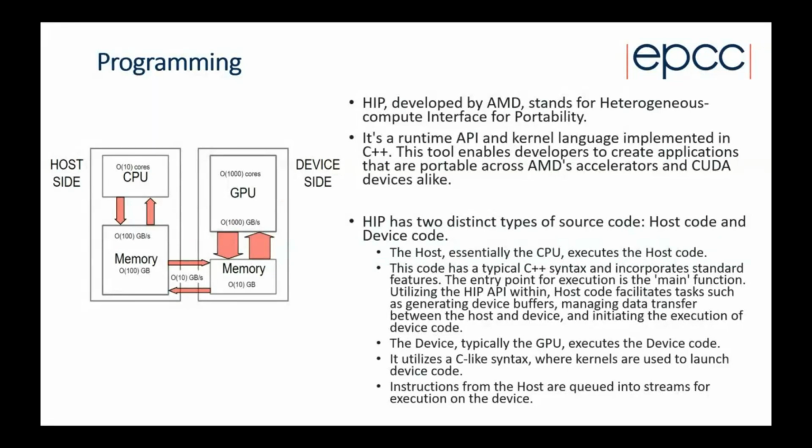The device, typically a GPU, executes device code. This has a C-like syntax, and we can write kernels that encode operations to be done on the device, and then we launch those kernels with the host call. Instructions from the host are queued into streams for execution on the device.